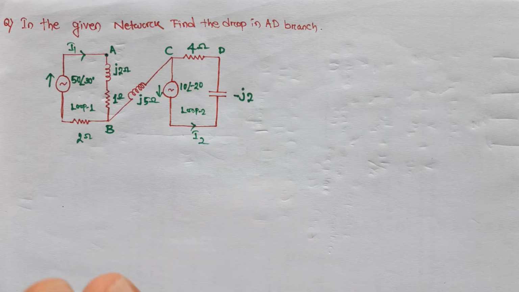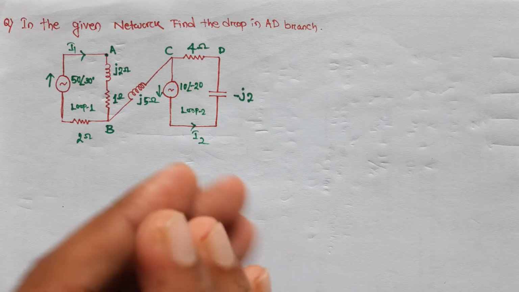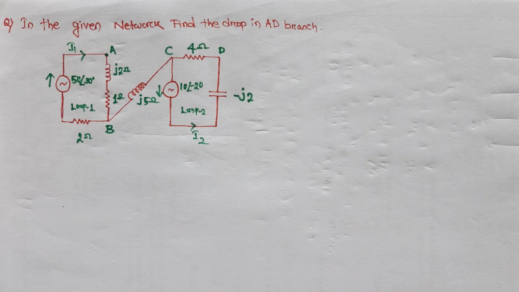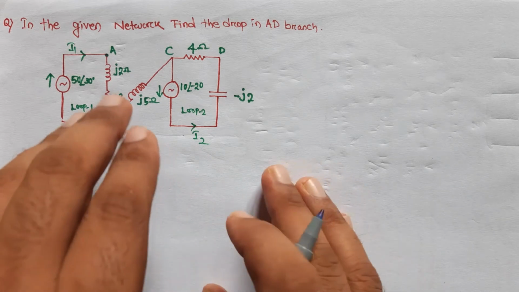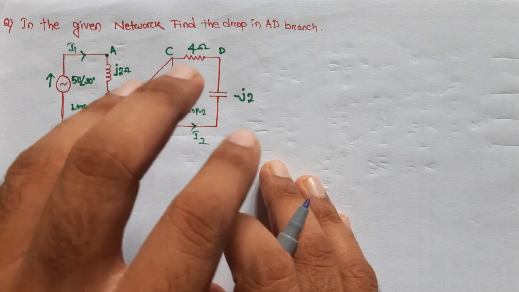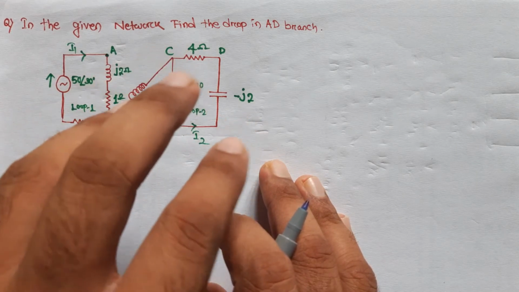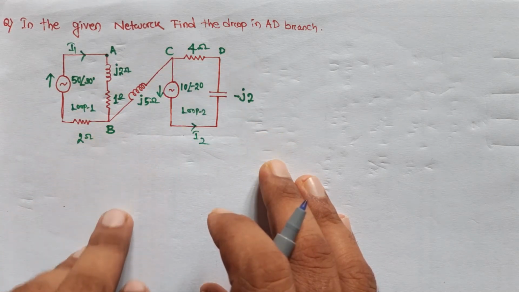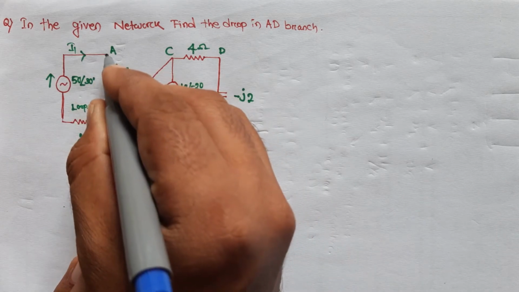Today we are going to solve another problem related to an RLC circuit. Here the question is: in the given network, find the voltage drop at the AD branch.